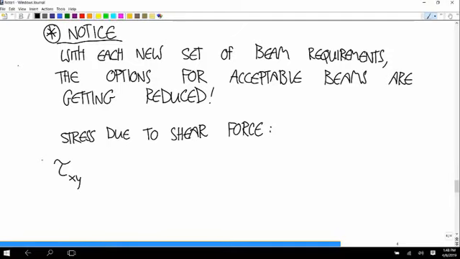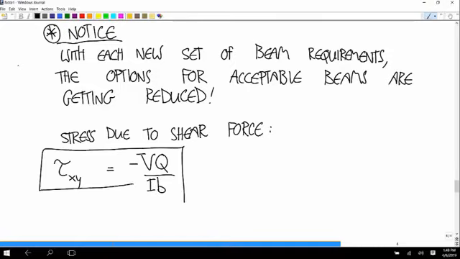That's the shear stress in the xy spot, and it is equal to negative, again the sign will work itself out for you, V times Q over I sub B. So we're going to have to define what this Q means, and then we'll be able to use that formula.